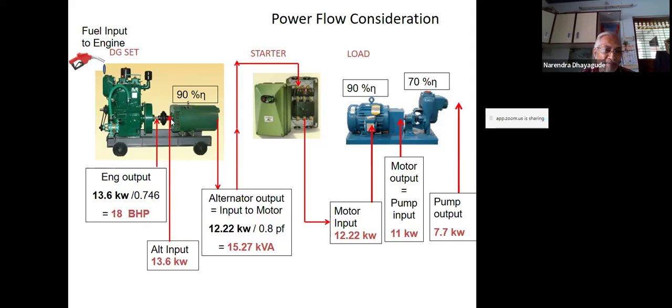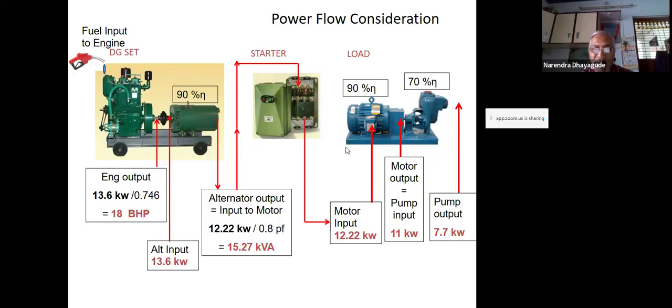That means the output of the engine is 13.6 kilowatt. So if we consider right from the diesel engine to the entire output to the consumer, this is 13.6 kilowatt, this is 7.7 kilowatt. So overall the efficiency is around 50% only.